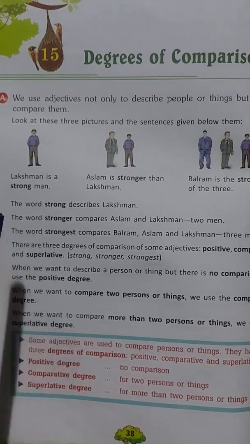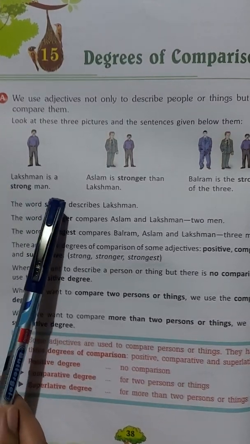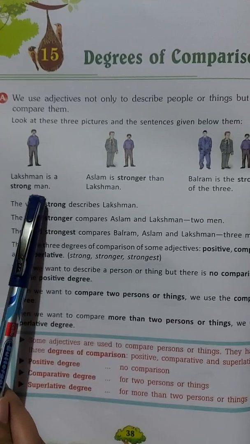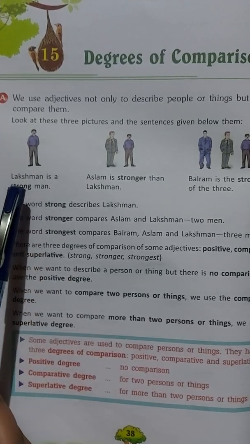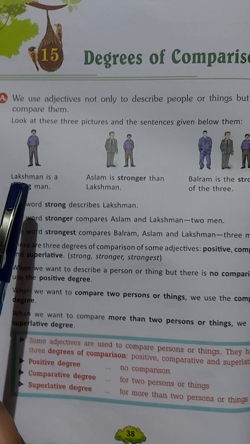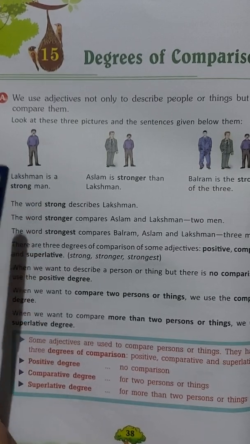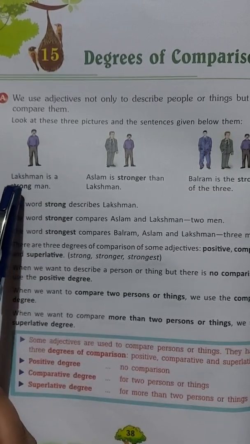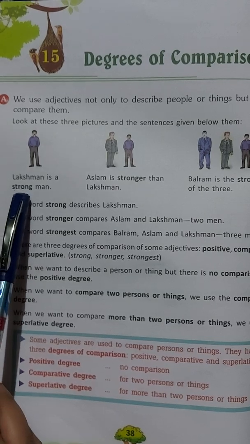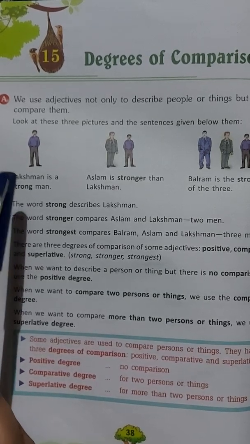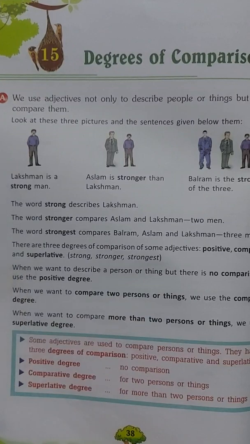So, children, when I say Lakshman is a strong man, strong here is the simple form of the adjective, and it is called the positive degree of adjective. So children, when there is no comparison involved, when we just have one man, we use the positive degree of adjective.